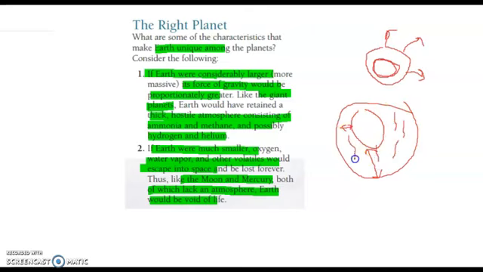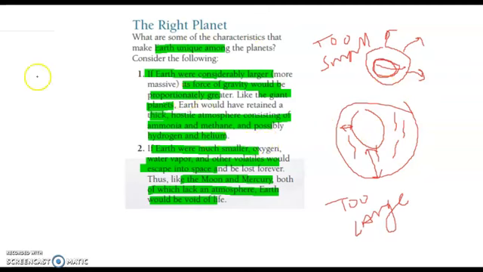I just want to show that if Earth was too small, or too large... So what it's trying to say is that Earth is the right planet to harbor life, because if it was much smaller, the atmosphere would escape because of low gravity, and if it was too large, there would be a thick atmosphere and we wouldn't survive.